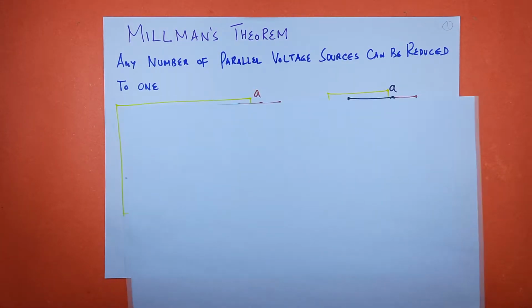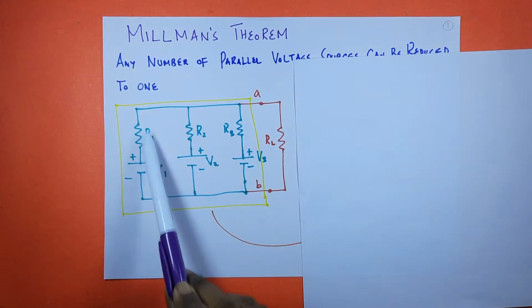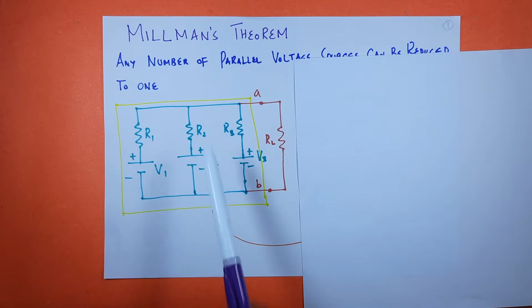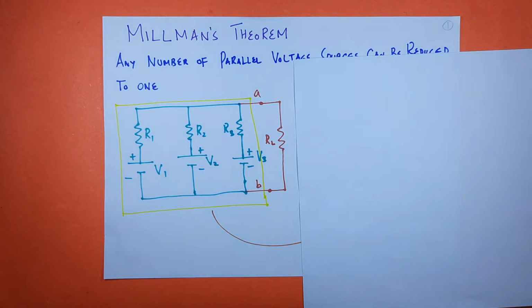For example, here I have three voltage sources, V1 whose internal resistance is R1, V2 internal resistance is R2, V3 internal resistance R3. These three voltage sources are connected in parallel. Across the terminals A and B, load resistor RL is connected.